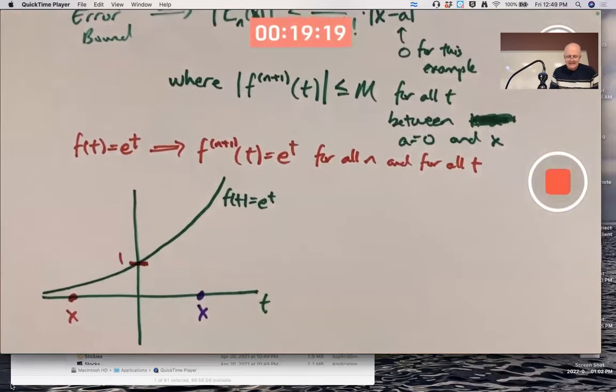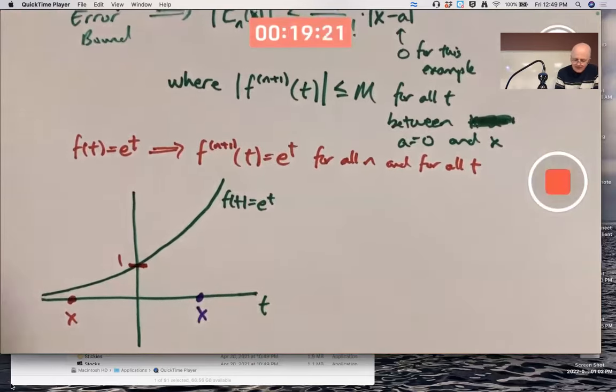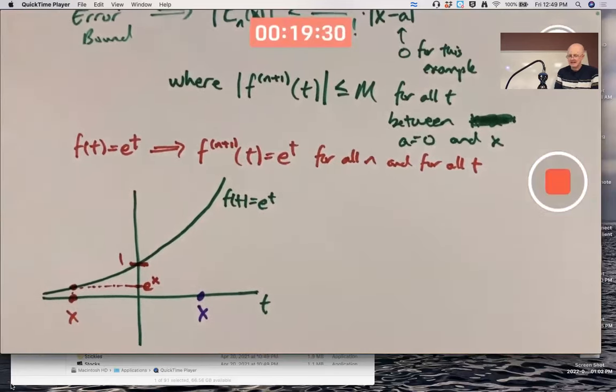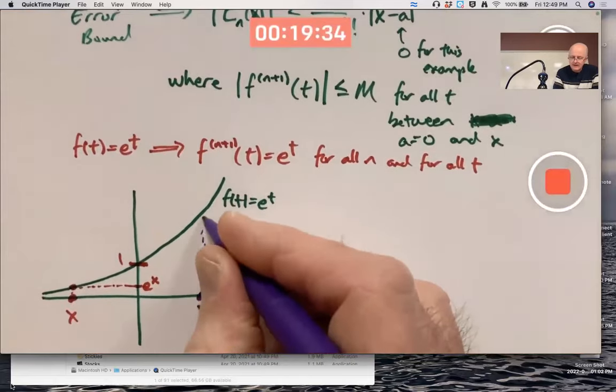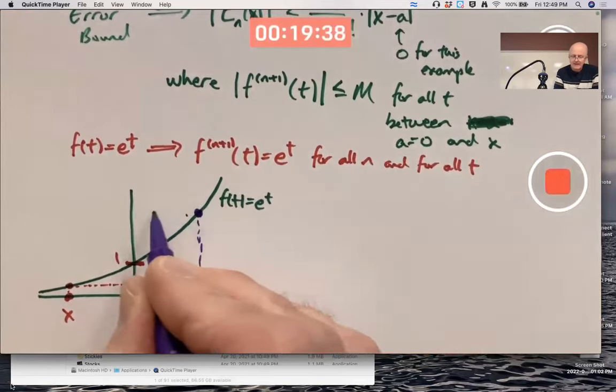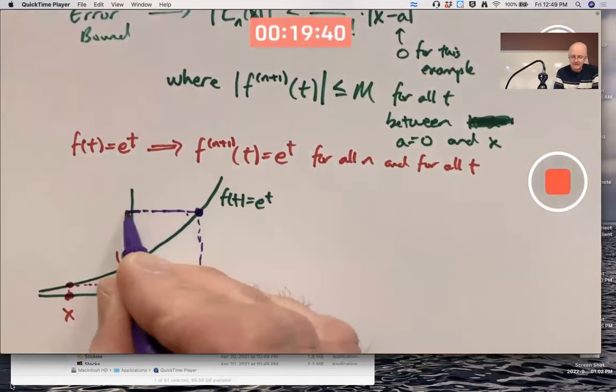E to the x when x is negative, and when x is right there, is the second coordinate of this point. That would be e to the x for the red x. Less than 1. E to the x when x is positive is going to be the second coordinate of that point. That's not less than 1.